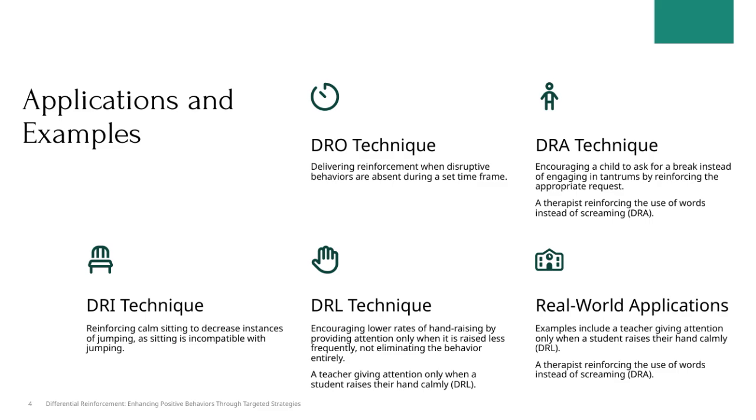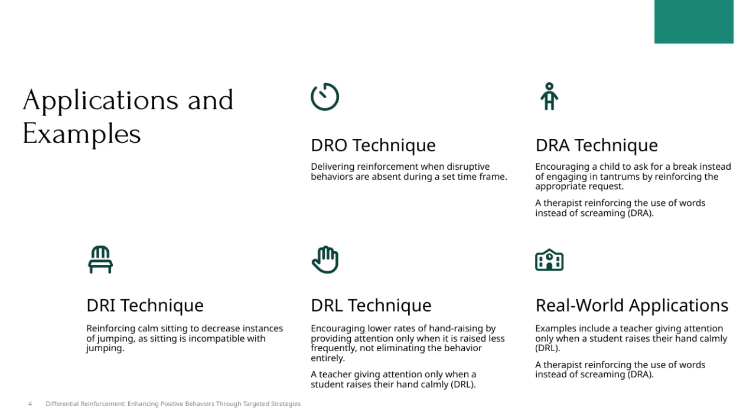The DRI technique works by reinforcing behaviors that are incompatible with the unwanted one. For instance, reinforcing calm sitting reduces jumping because the two behaviors can't happen simultaneously. The DRL technique aims to lower the frequency of a behavior rather than eliminate it.